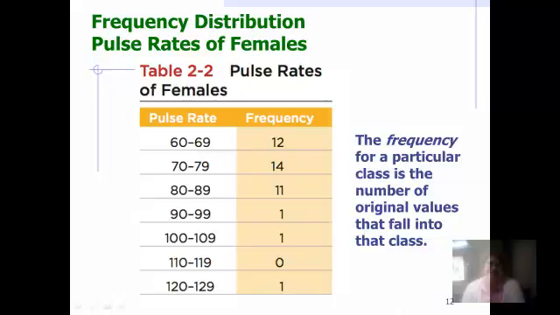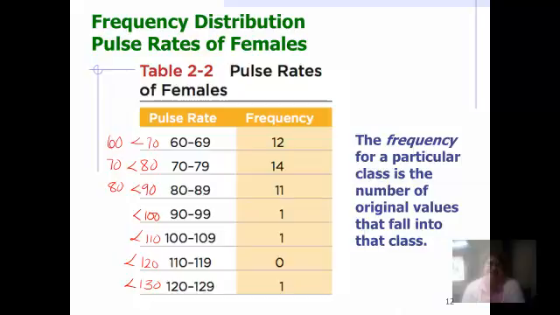Now, I will tell you that sometimes we use symbols to help us with this as shortcuts. So we go 60 to less than 70, 70 to less than 80, 80 to less than 90, less than 100, less than 110, less than 120, and less than 130.